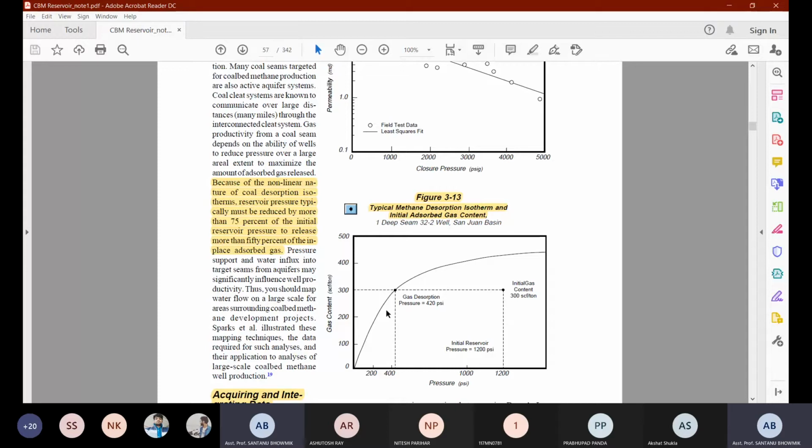I am just discussing the nature of the graph. At the initial stage, from 0 to a very small pressure range, the gas content is very high, showing a steeply increasing line, approximately 45 or 60 degree steep. But then with higher pressure, it becomes much flatter.